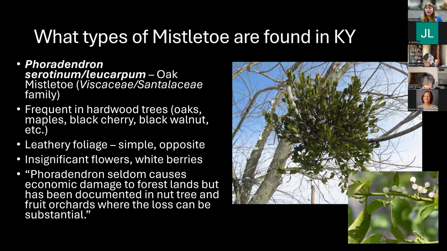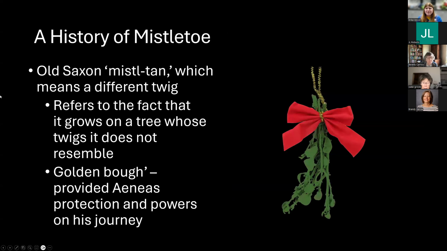Their larvae will use mistletoe. So, another example of how, with this still being a native species, even though sometimes we consider it a nuisance, it's still benefiting our wildlife and insect populations. So that's easy to remember. Really the only mistletoe found here. We'll get into the European mistletoe in a minute as I talk about this history.